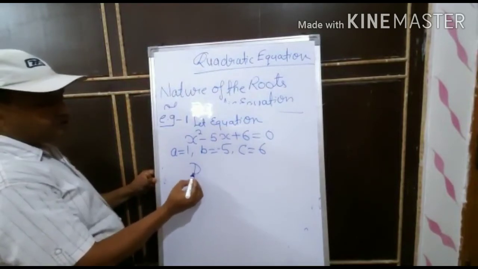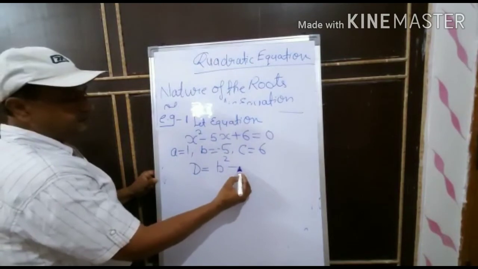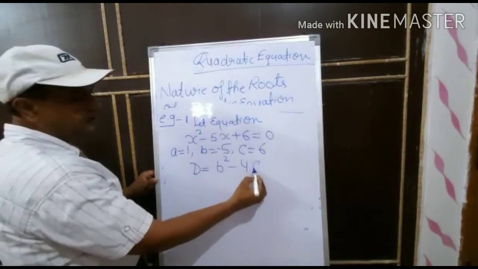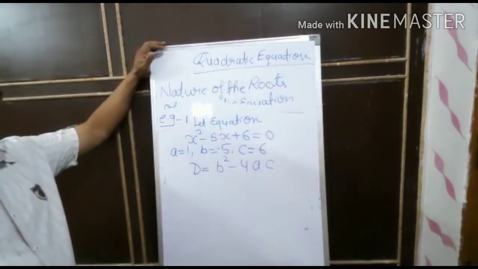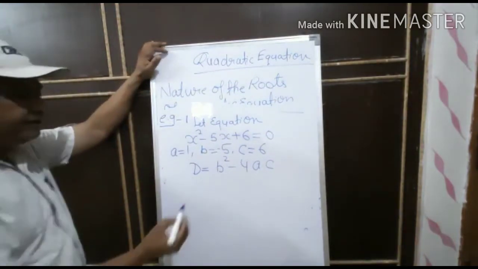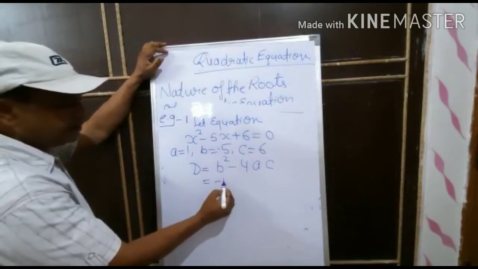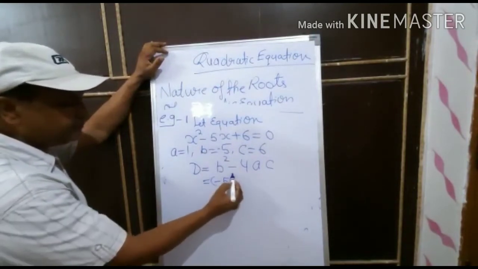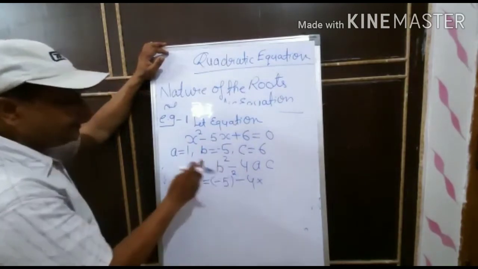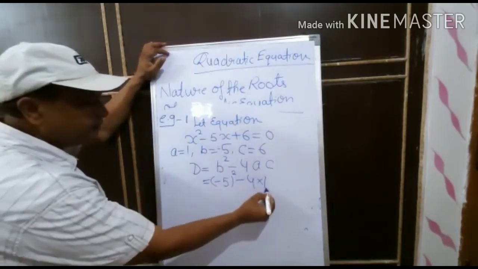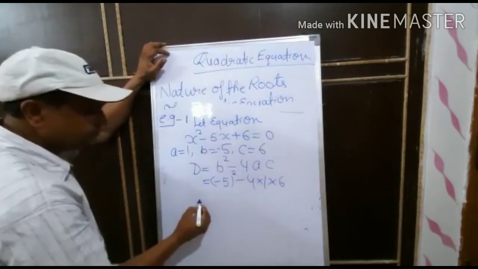So D is equal to b square minus 4ac. From the equation, put the value of a, b and c. So b is equal to minus 5, so minus 5 square, minus 4 multiplied by a is equal to 1, multiplied by c is 6.